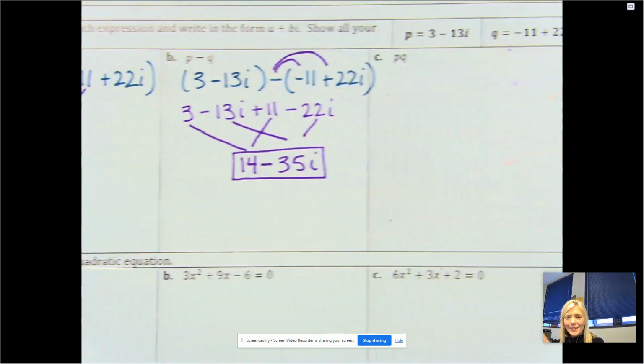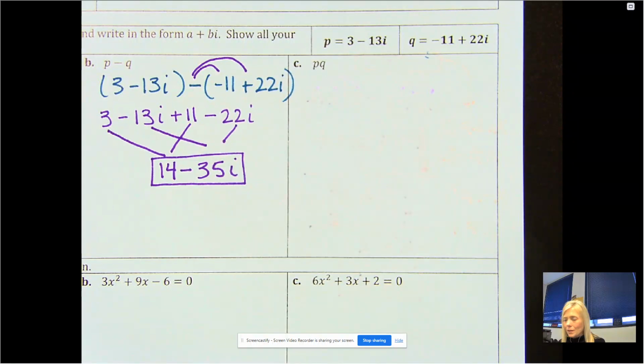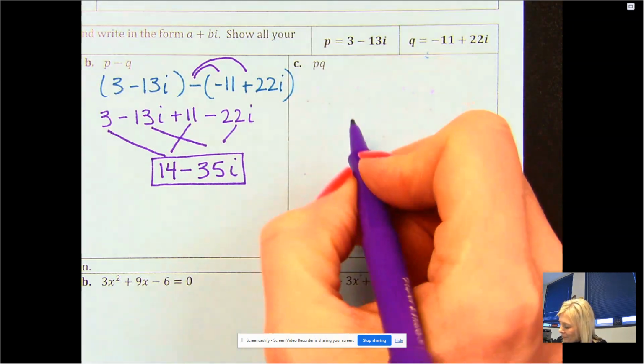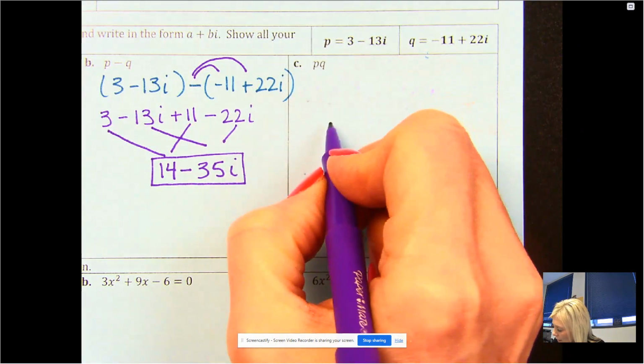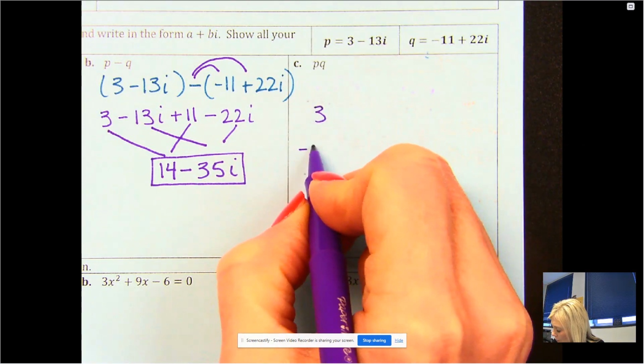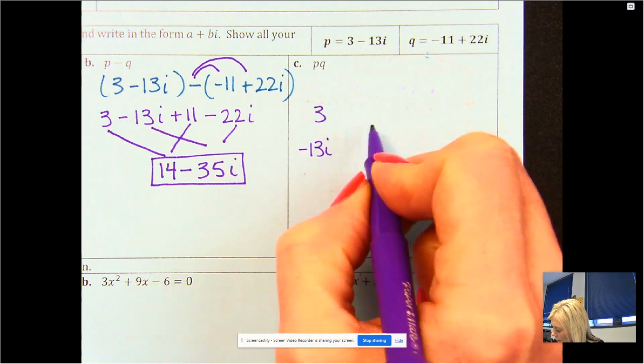Okay, last one in this section is P times Q. And so let's do that. Please use the box. 3 minus 13i, I'm going to put that on the left side of the box. So 3 and negative 13i.